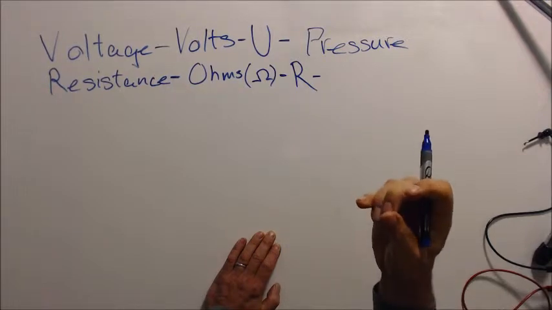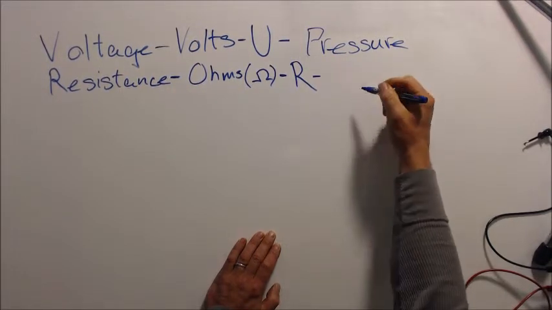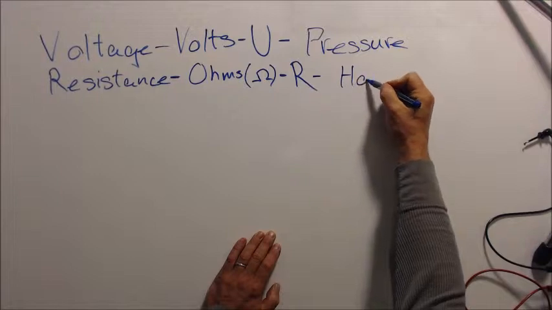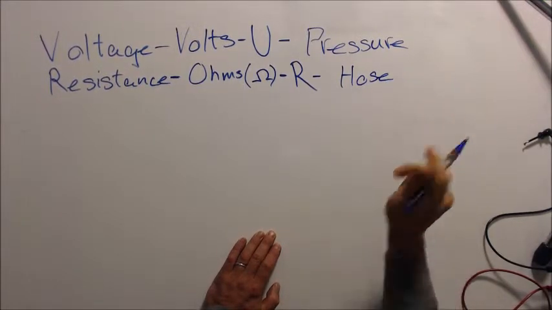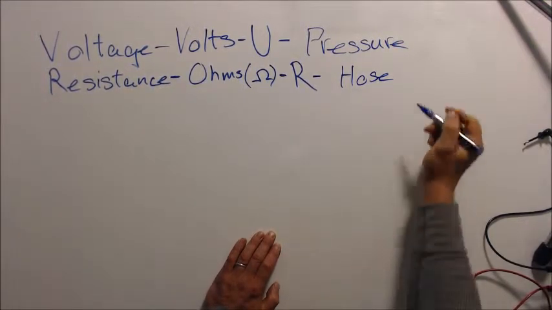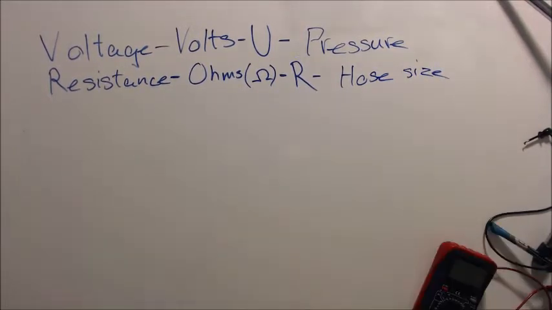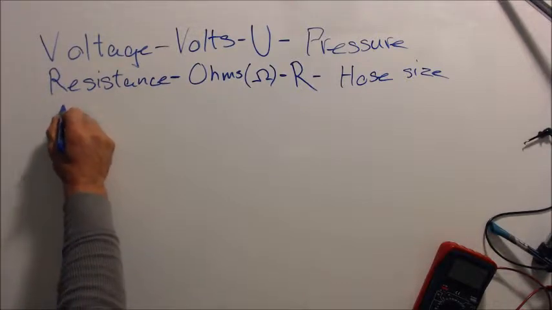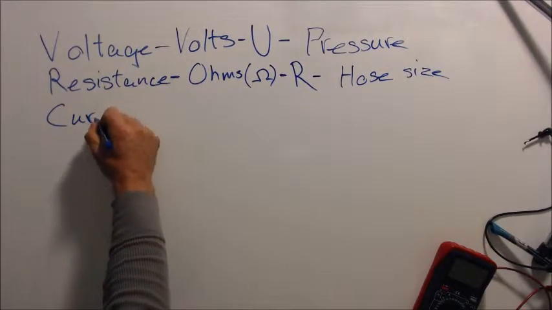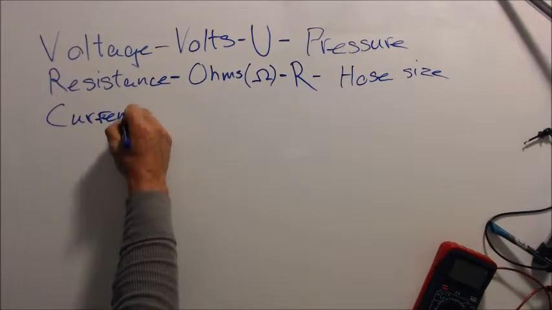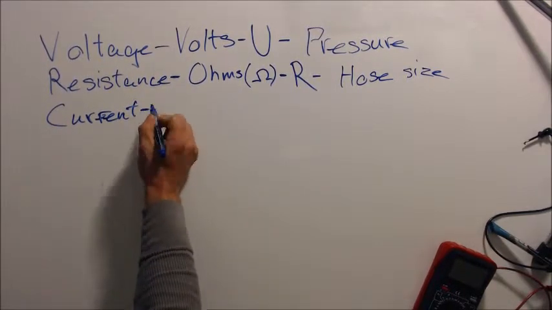So the passage of the water. So we're going to write hose size here. All right. So these two elements here are going to determine how much current we have running.